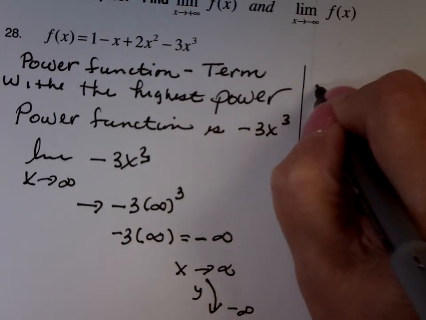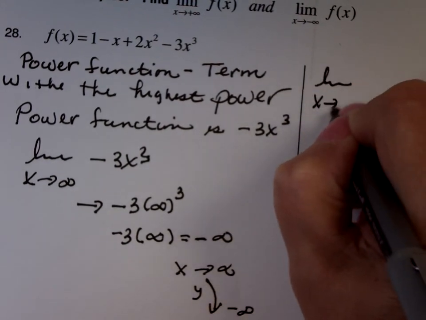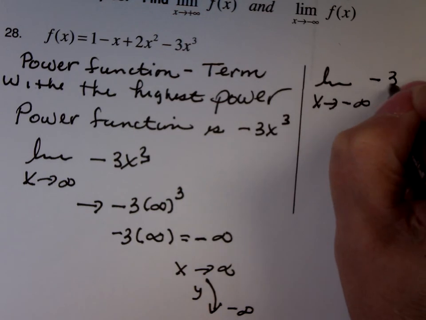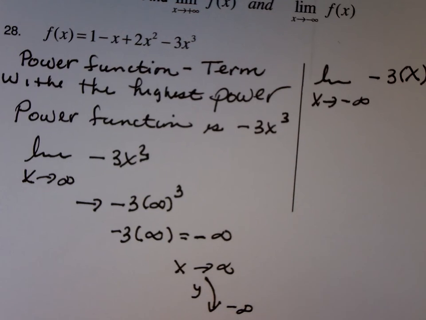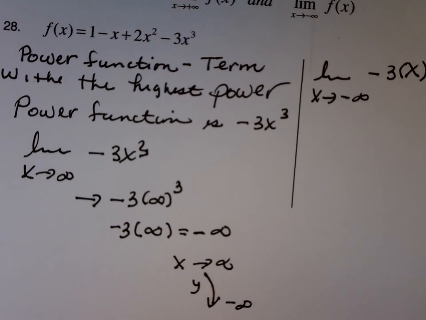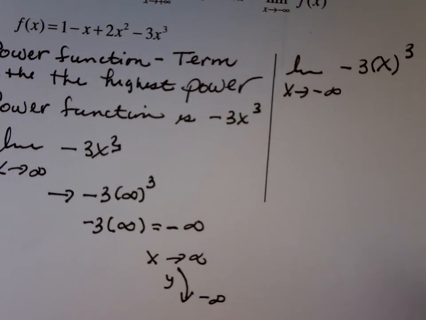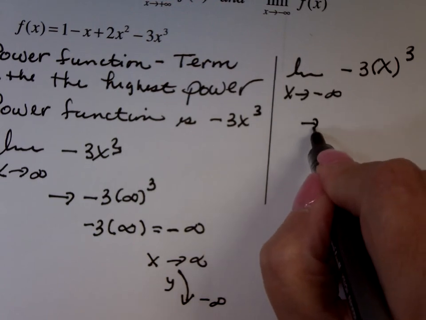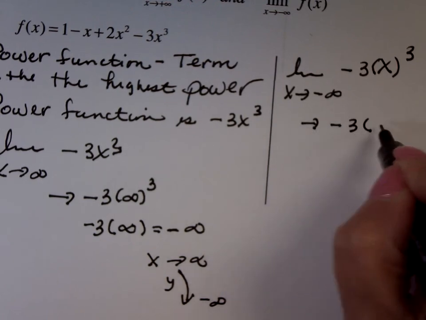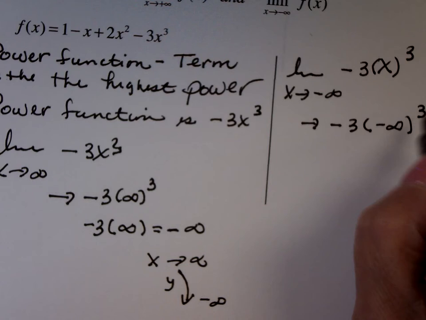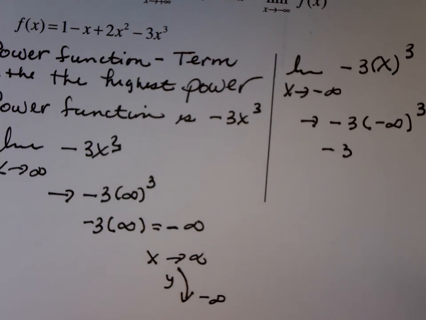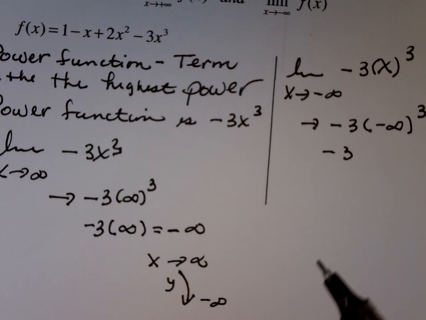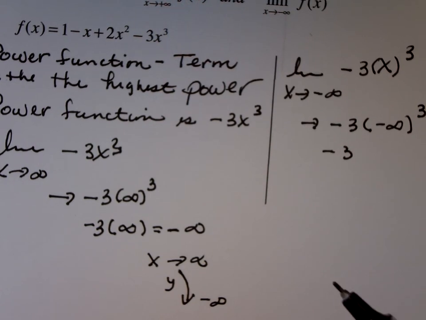And if I take the limit as x goes to negative infinity of negative 3x cubed, I didn't mean to put those parentheses in, it's going to go to negative 3 times negative infinity cubed. What's negative infinity cubed? Negative infinity times negative infinity times negative infinity is negative infinity.